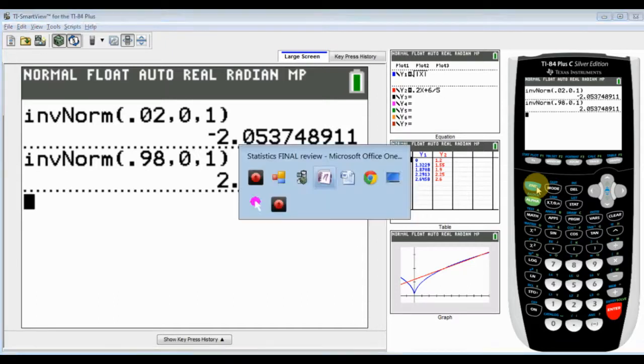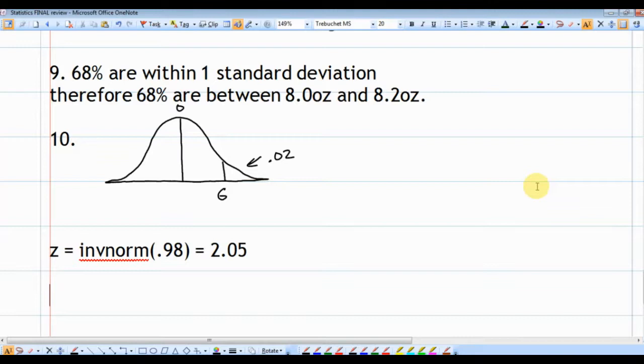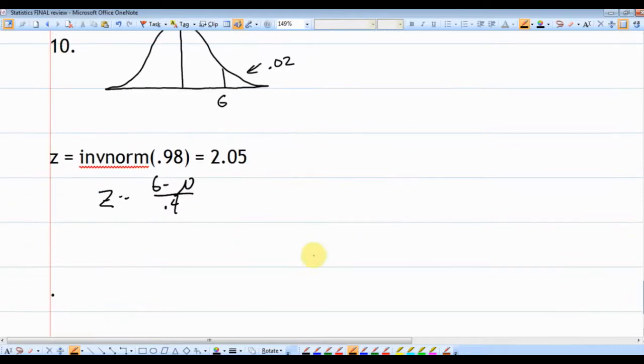I'd like to finish this up. So we have the z-score is equal to the measurement, 6, minus the mean over the standard deviation of 0.4. 2.05 is equal to 6 minus the mean over 0.4.